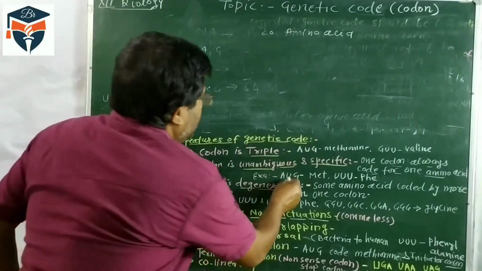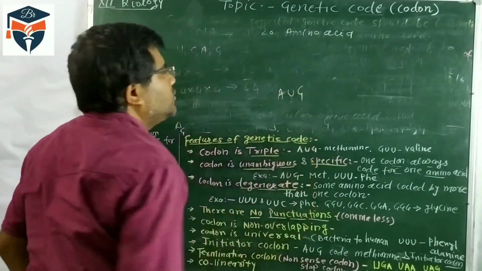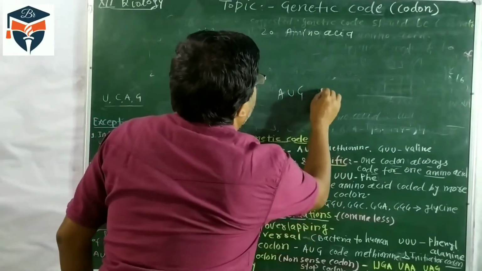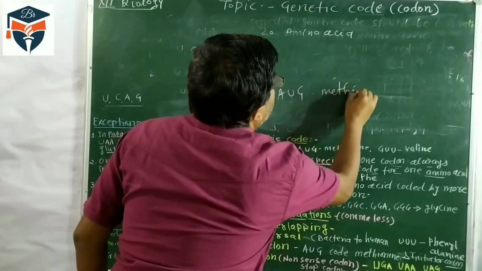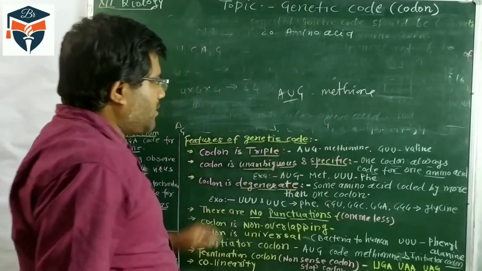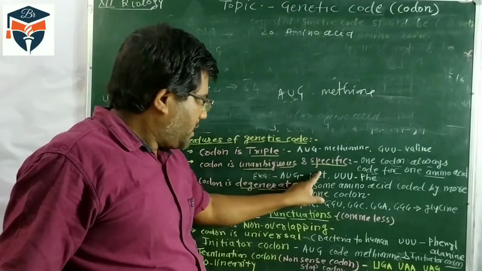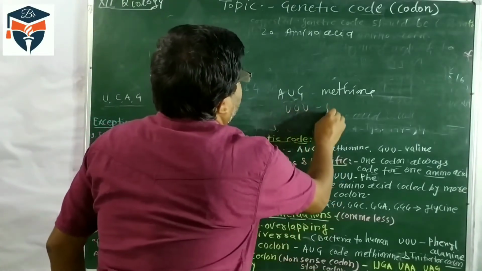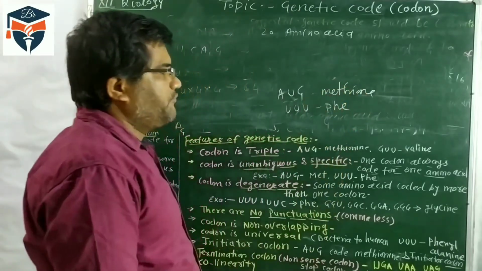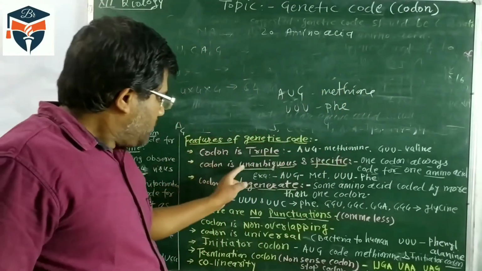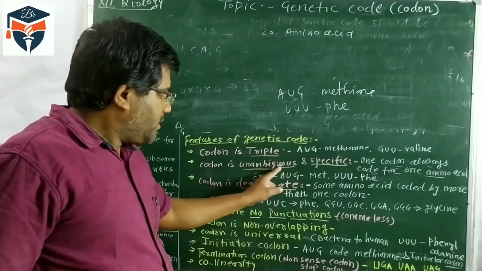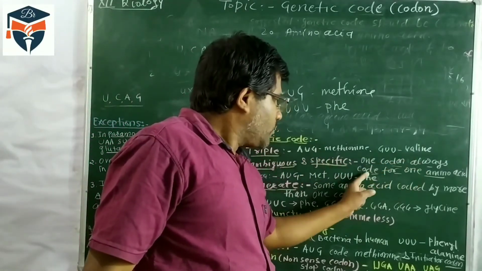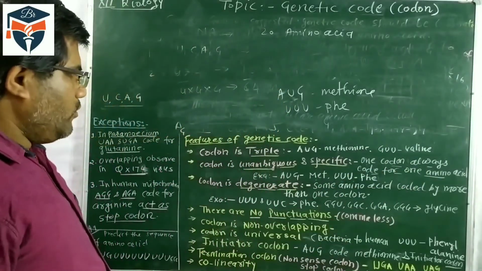Such as, if the AUG codon comes, either in prokaryotes or eukaryotes, it codes for methionine. So when AUG comes, it synthesizes methionine. UUU is the code for phenylalanine, indicated as PHE. So the codon is unambiguous or specific. It means one codon always codes for one amino acid.